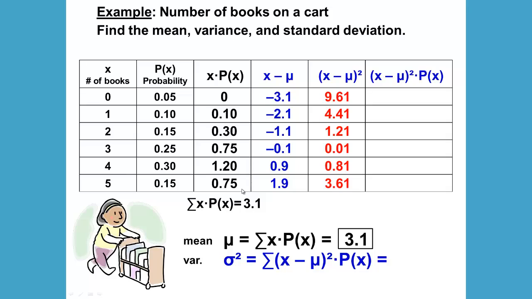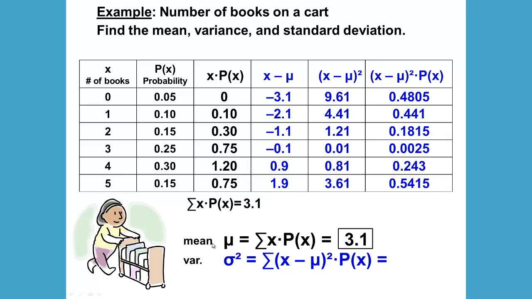The next step is to fill in the last column. This is the third step, where we take those squared values and multiply by the probabilities found in the second column, which are the P of x's, and once again here are those results filled in by the magic of our PowerPoint.